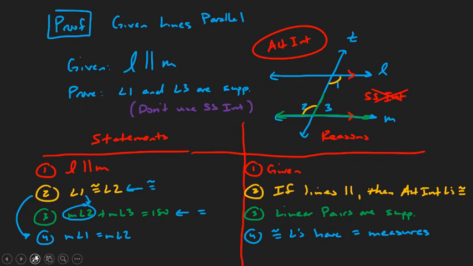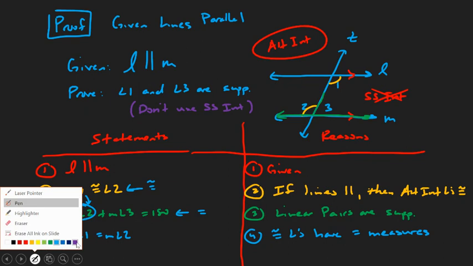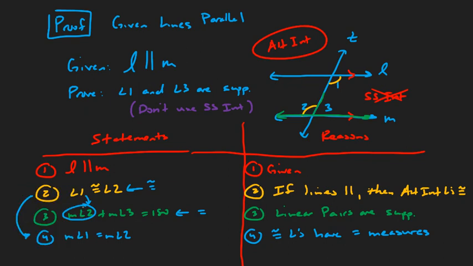Okay, so now we can do the substitution. Now I see the measure of angle 2 here, and here. The measure of angle 2 is equal to the measure of angle 1. So we're going to go ahead and replace angle 2 with angle 1. So we're taking step 4 and substituting it into step 3. So my 5th step here, and again I'm sliding in because of my little menu down here.